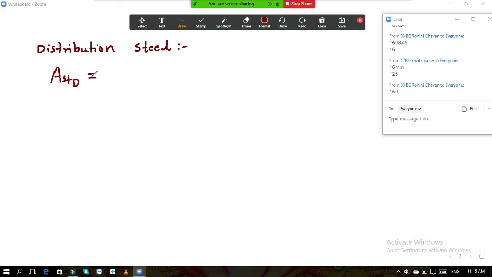ASTD is equal to, so Fe415 is given, so torsteel is given to us, so it is 0.12% of gross area. Okay.